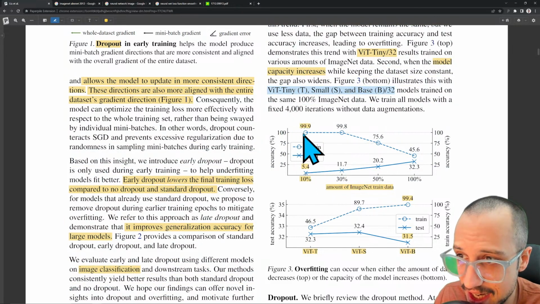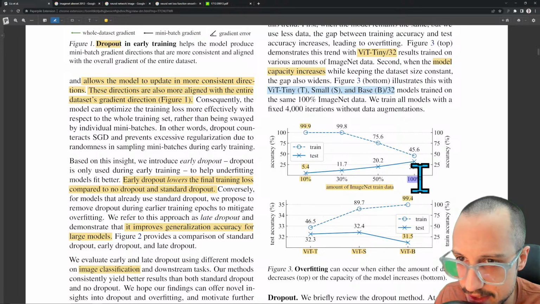So if you have a tiny data set, you're going to overfit a lot. The bigger your data set is though, right? So this is 100% of ImageNet data, which is a bigger data set, and they're keeping the model size constant here in this top part. You're going to see that the overfitting is not as bad, right? 45% on the training data set versus 32% on the test data set. So this is a much more reasonable amount of overfitting.